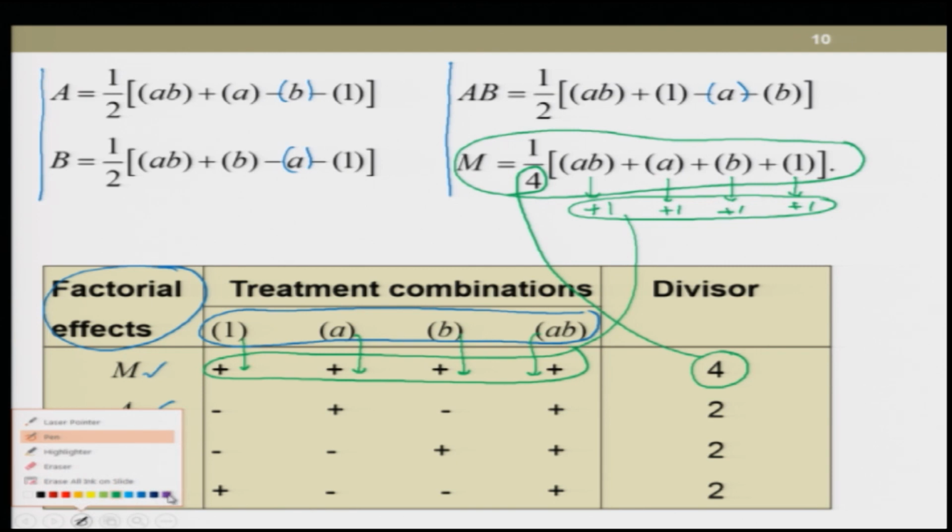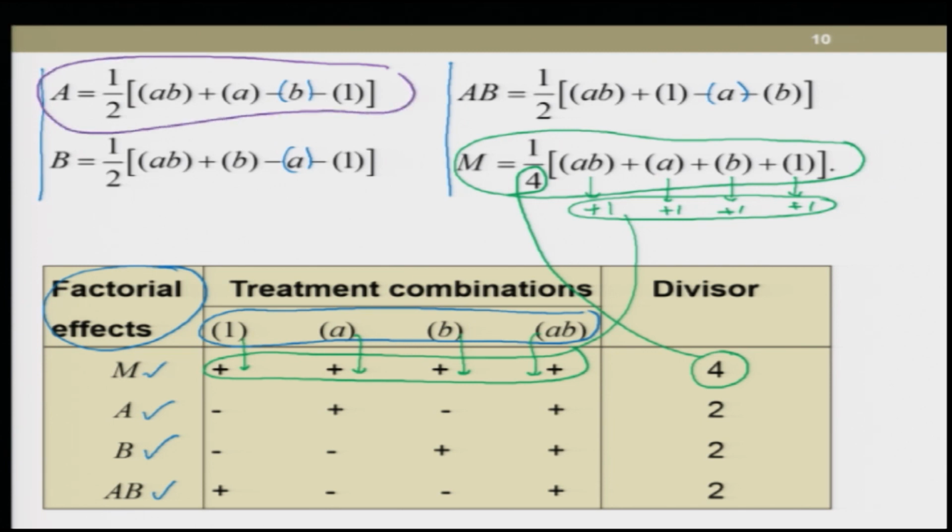Now, I take the main effect of A in this violet color, and you try to observe the movement of my pen. You can see that in this case the coefficient of AB is plus 1 and the coefficient of A is plus 1. The coefficients of B and 1 are minus 1 and minus 1.